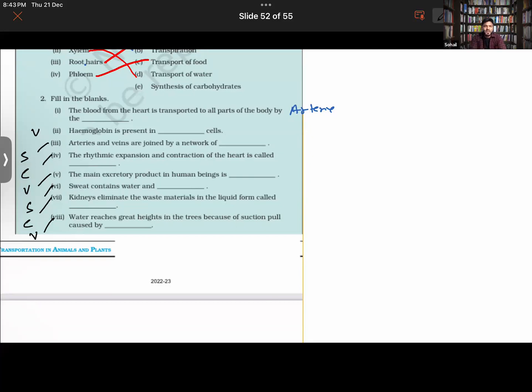If you were to look at the human heart, if you were to look at the heart being transplanted from one person to another, when a heart is transplanted it is kept in a glass chamber. You might have seen that it expands and contracts in a rhythmic manner.